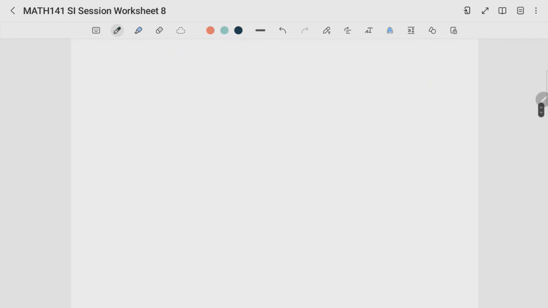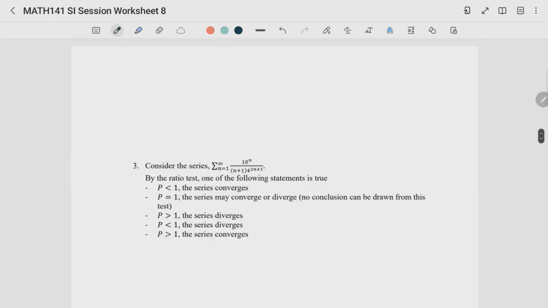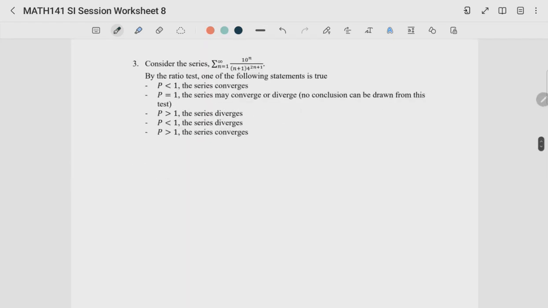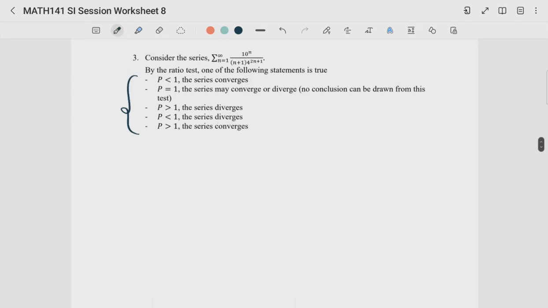Right. So moving on to the next question, we are given a series, and we are asked to use the ratio test to confirm one of the given statements. So first we are given a_n, which is 10 to the n divided by (n plus 1) times 4 to the 2n plus 1.